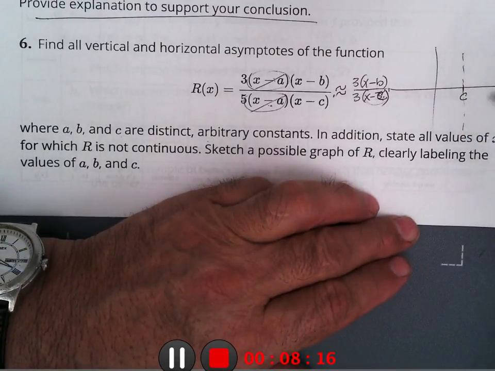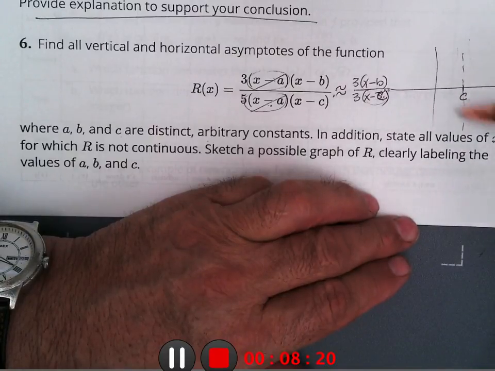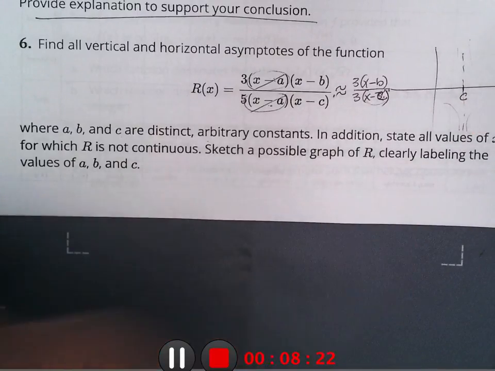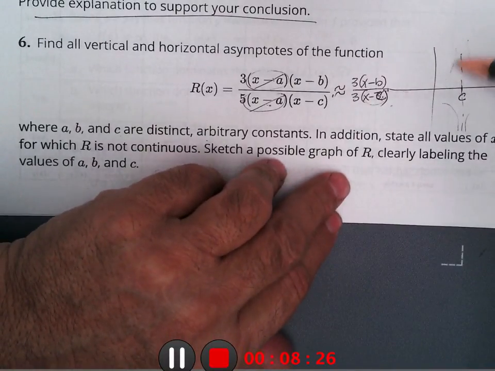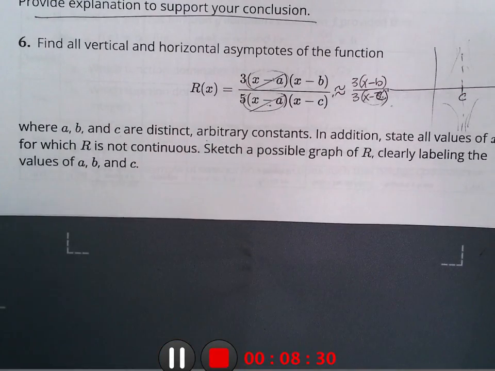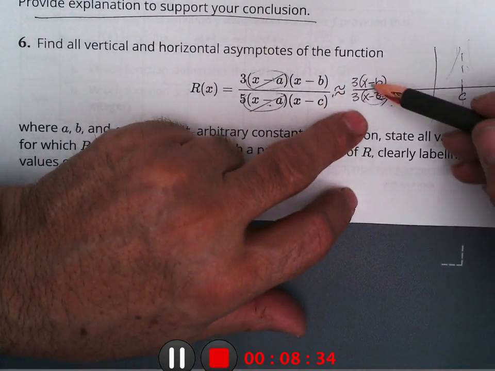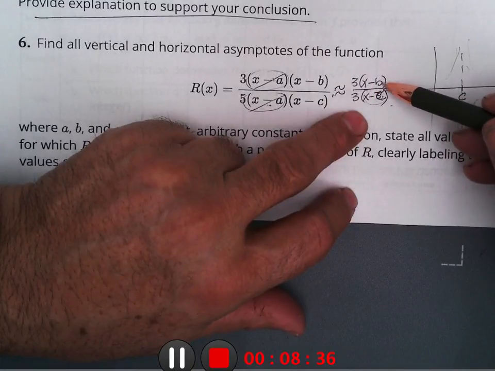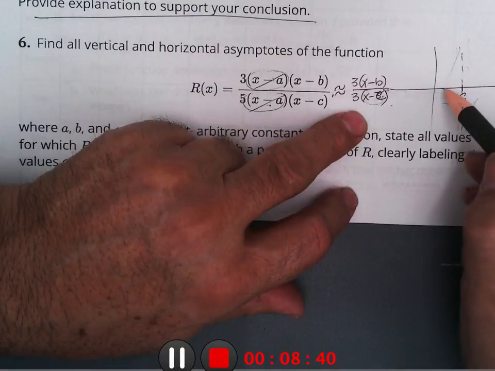If it was squared, they'd both go either up or both asymptotically down. Okay? So at c, they go in opposite directions. And let's see what else we know. At b, if x was b, wherever b is, this whole fraction would be 0.